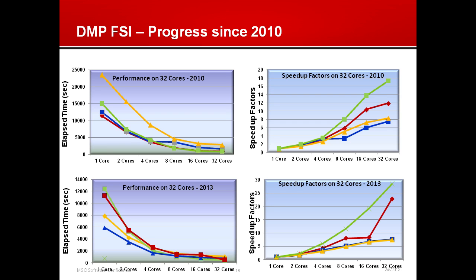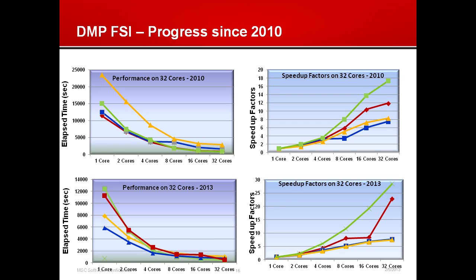23 mid-size and large FSI models that were tested with varying features, like with coupling and without coupling, polar and fluid only, single material, multi-material, benchmarks for different applications in different industries like airbags, explosions, impact, crash, what have you.